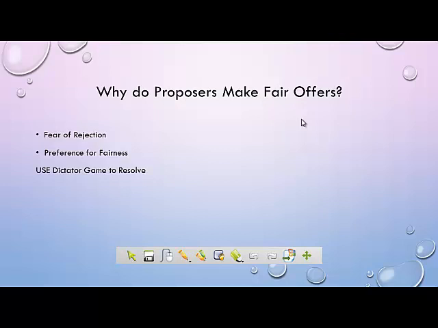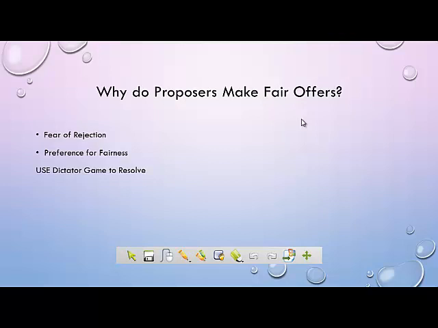So because of the fear of rejection, you might make an offer of 50-50, and that is your utility maximizing offer. Because if I offer 60-40 and he rejects, then I will get 0. So the maximization is a 50-50 offer.